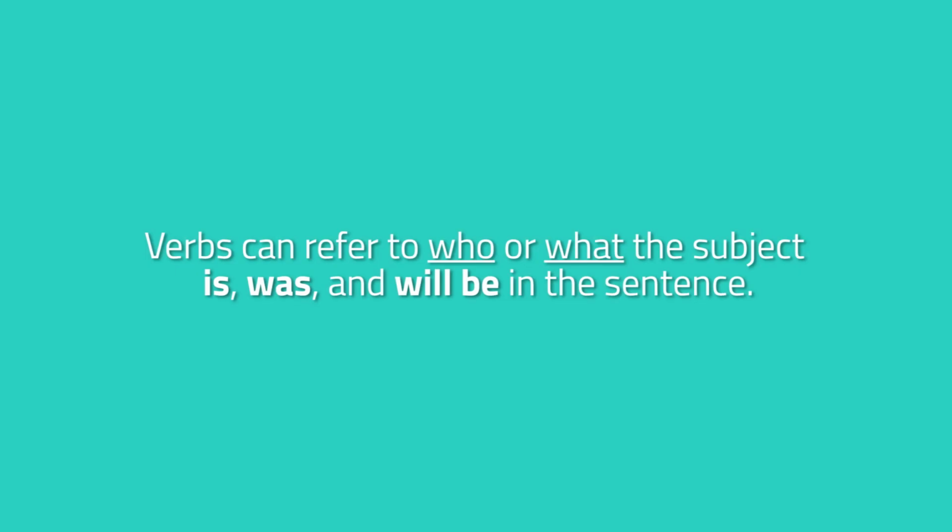Verbs can also refer to who or what the subject is, was, or will be, in the sentence. The best example is the be verb, and it has different forms based on when it happened. And that leads us to our lesson for the day.